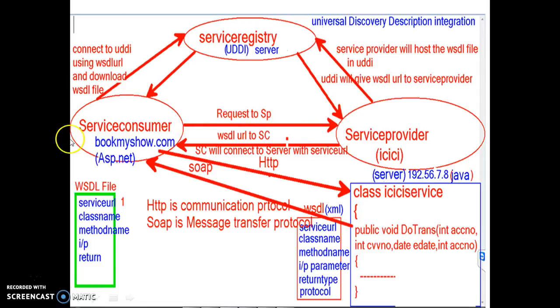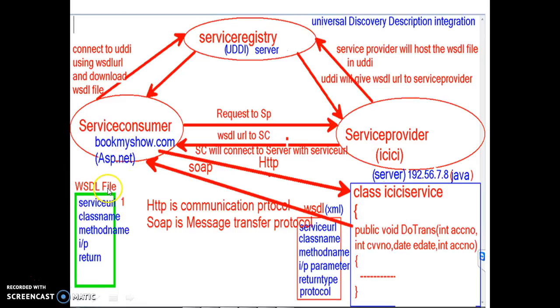Now, the service consumer sends the request to the service provider, and the service provider will send the WSDL URL to the service consumer. Now, the service consumer will connect to UDDI using this WSDL URL and download the WSDL file.